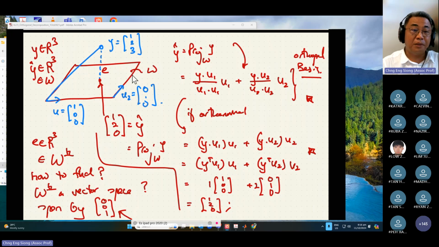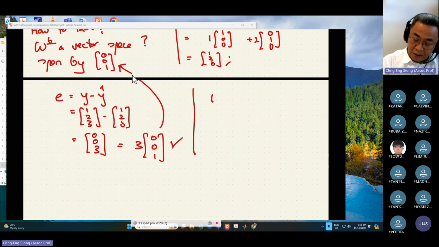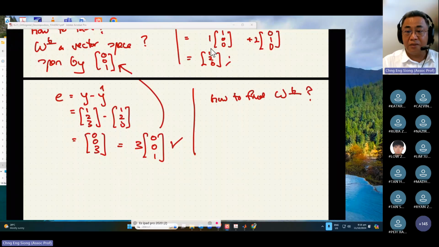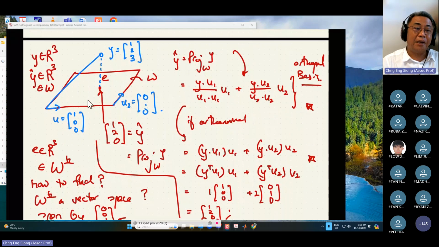All right, how to find W perp, guys? How to find W perp? Of course, in this very trivial example, you can visually inspect and see that u3 is 0, 0, 1, right?